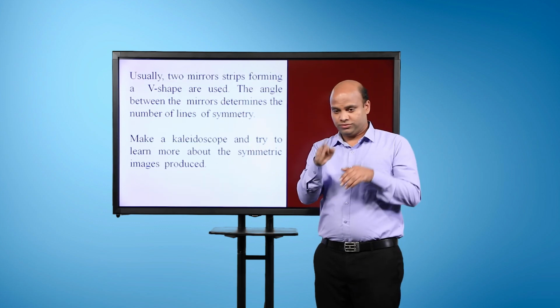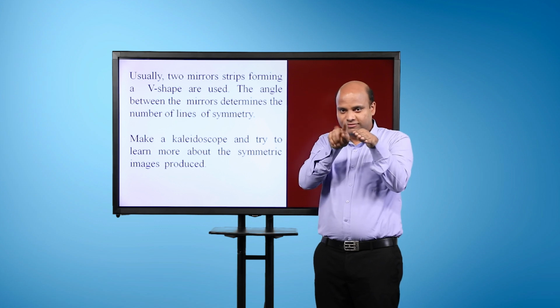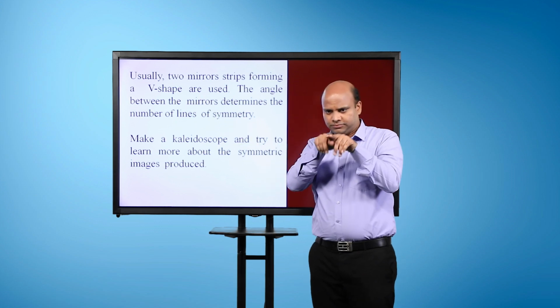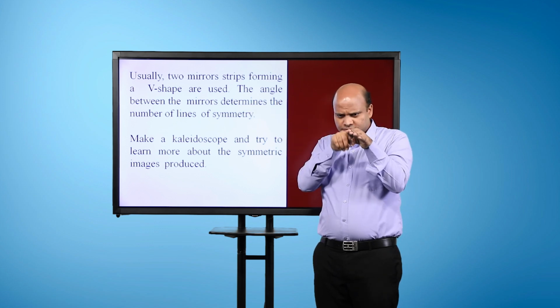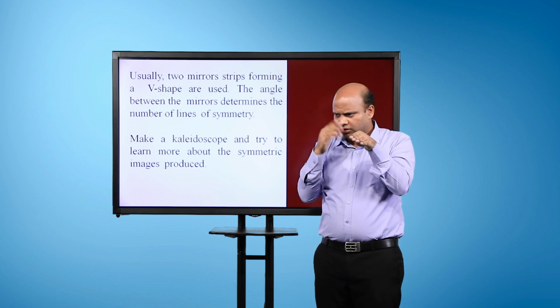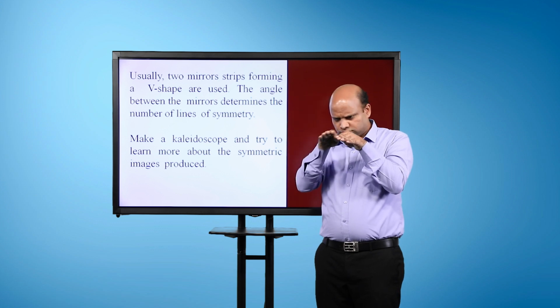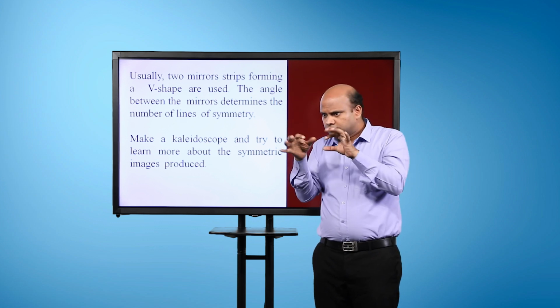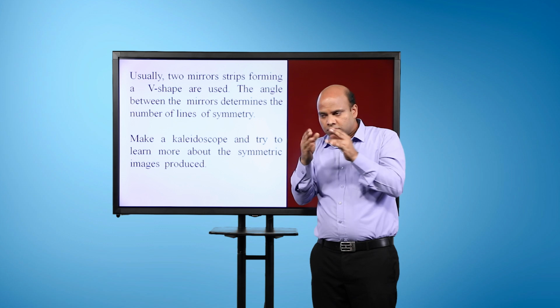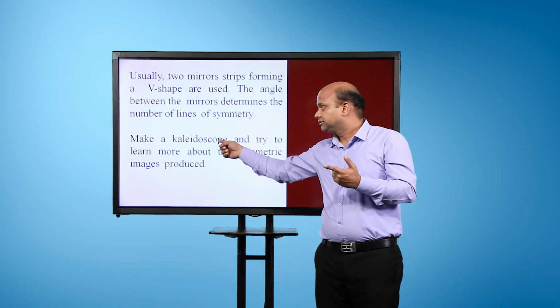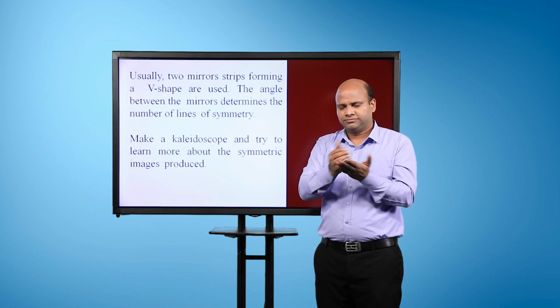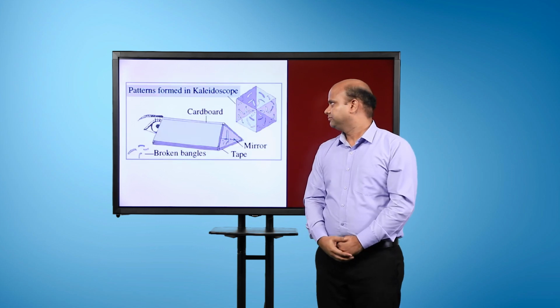Usually, two mirror strips forming a V shape are used. The angle between the mirrors determines the number of lines of symmetry. Make a kaleidoscope and try to learn more about the symmetric images produced.